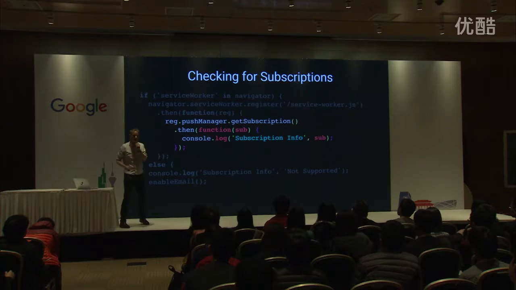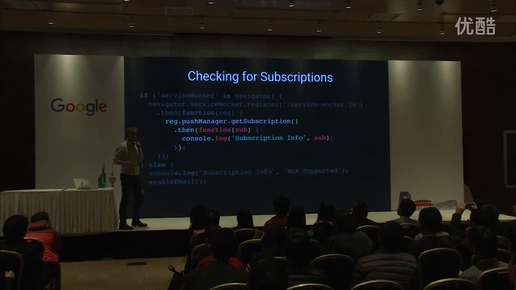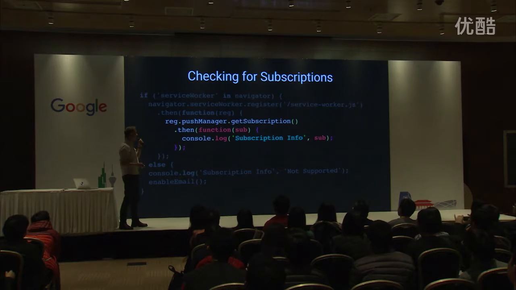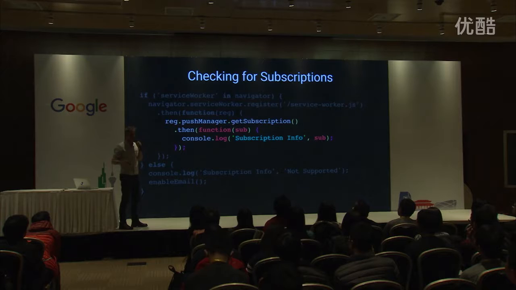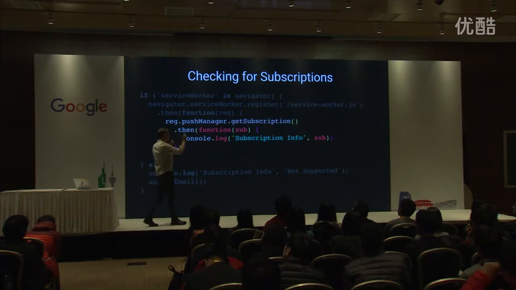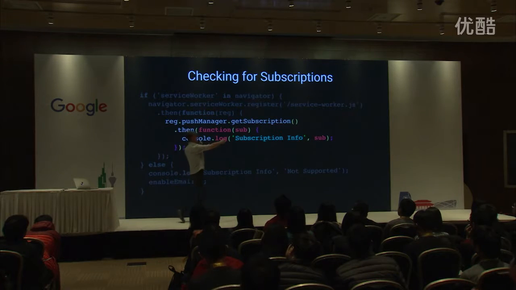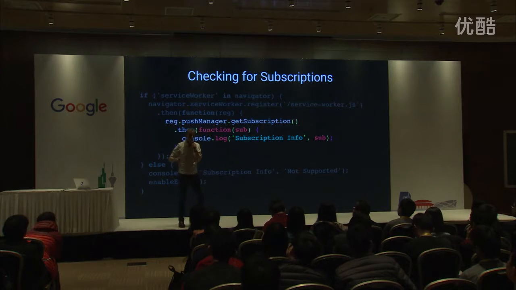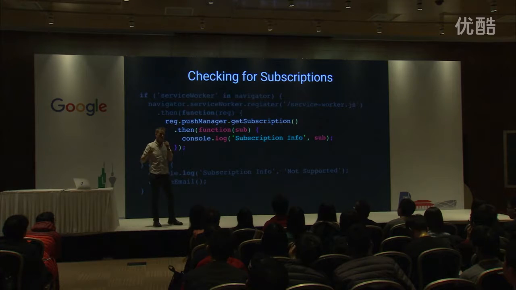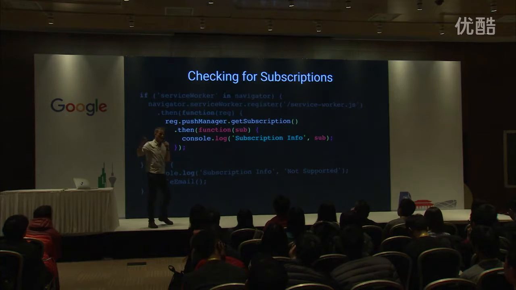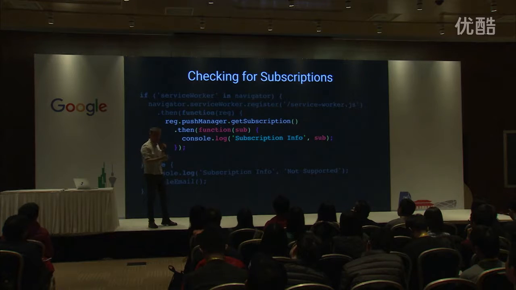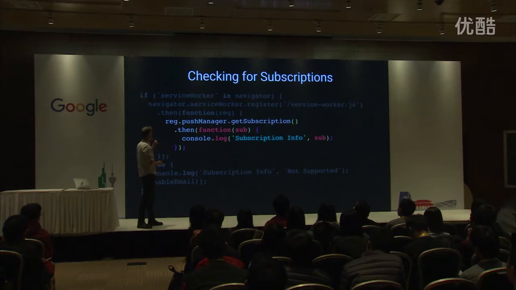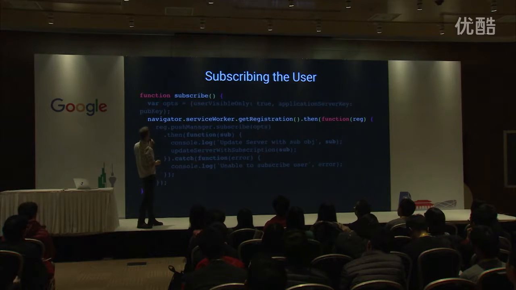Now, the Push Manager API is what we use to manage subscription data. And in this example, we're getting a subscription. That subscription object is what has the information about the identity of the end user. That's the data that enables your web server to send a message to the right user. And I'll show you how we go on with that later.